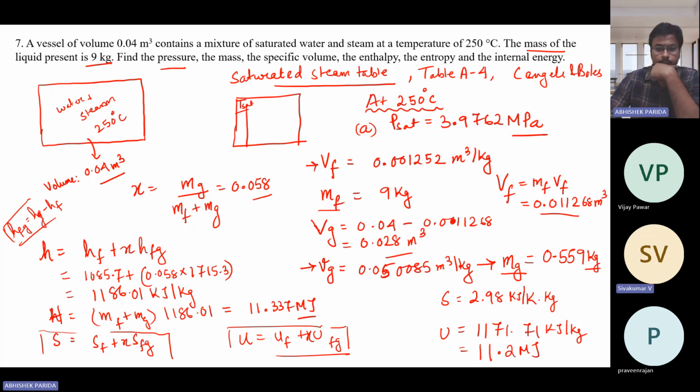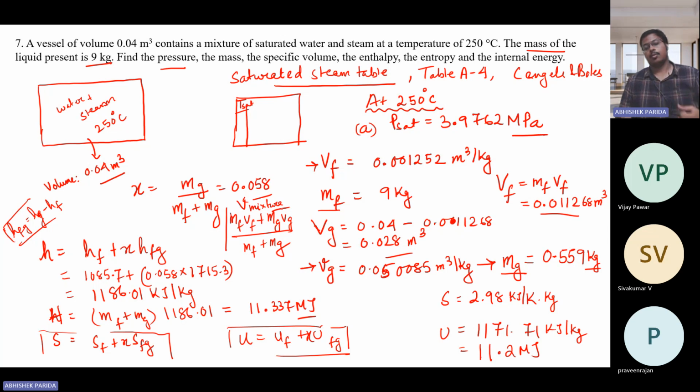One more subdivision, the specific volume of the mixture also we need to find. Find the pressure, calculated mass, the specific volume of the mixture. Yeah. You can directly do MF VF plus Mg Vg by MF plus Mg. I think this should give the specific volume of the mixture.